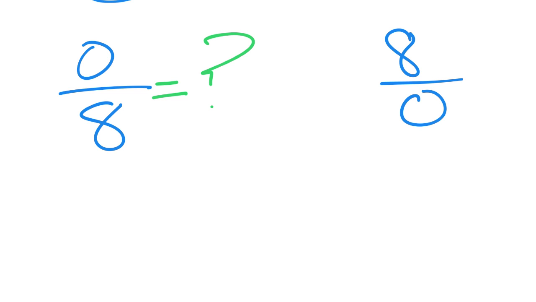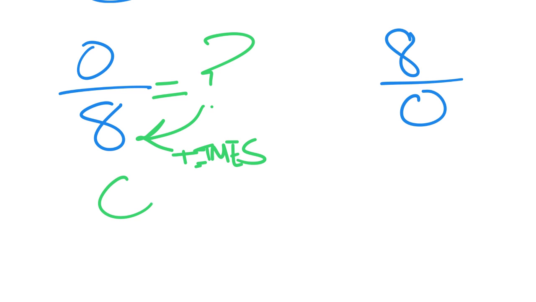So the question is, if you're given 0 divided by 8, is that possible, and what is the answer? We need to think about a number that we can multiply times 8 that equals 0. And the only number that works is 0. So 0 divided by 8 equals 0.